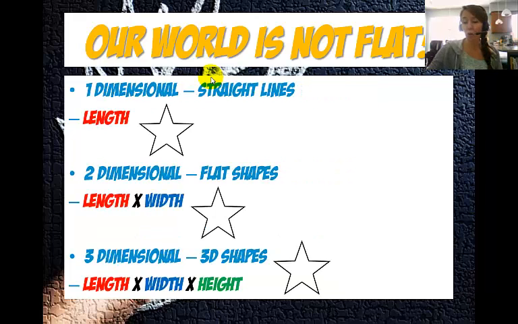So just to give you a quick idea, remember again, straight lines, one-dimensional when we look at perimeter or the distance around any shape, even if it's a weird shape like a star. Two-dimensional is when we look at what fills a flat shape. So if I were to fill in this star, make it nice and blue, all the space or the area inside that flat shape would give me that two-dimensional area.